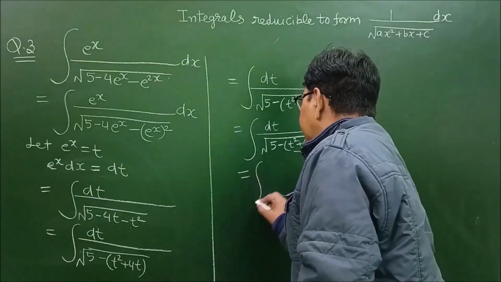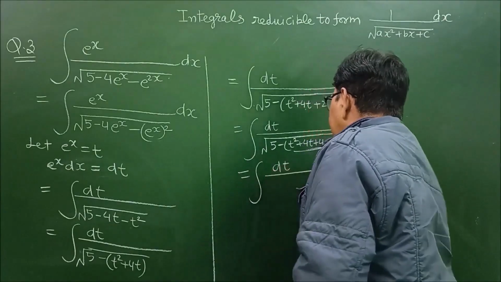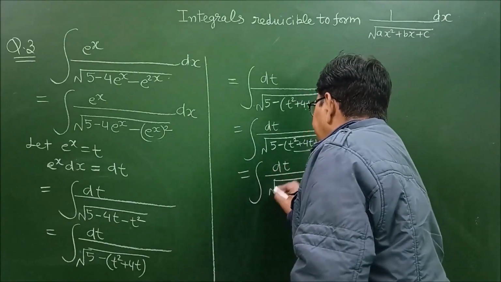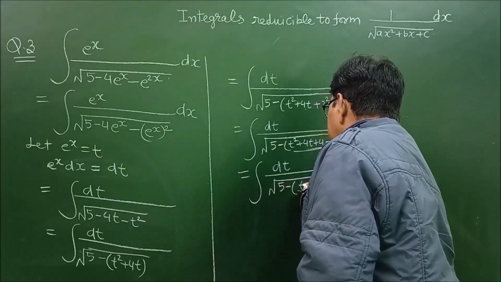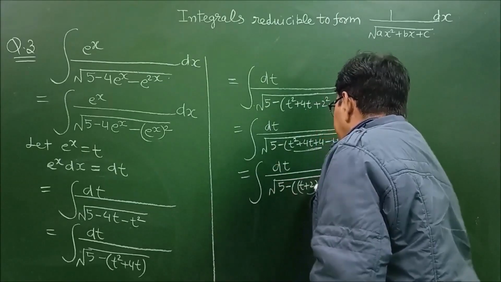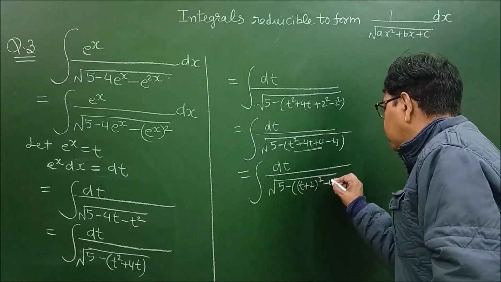So this is equal to the integral of dt upon under root of 5 minus (t plus 2) whole square minus 4.